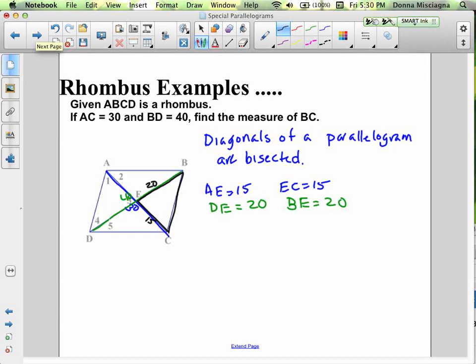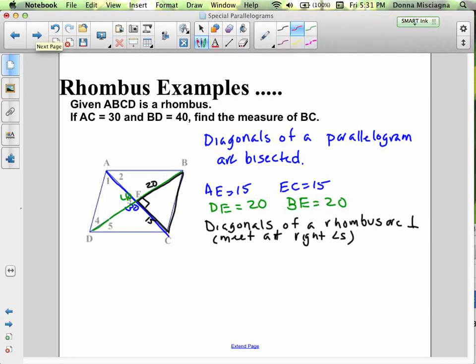We know the diagonals of a rhombus are perpendicular, right? So that means they meet at right angles. Which means this is a right angle, which means this is a right triangle.